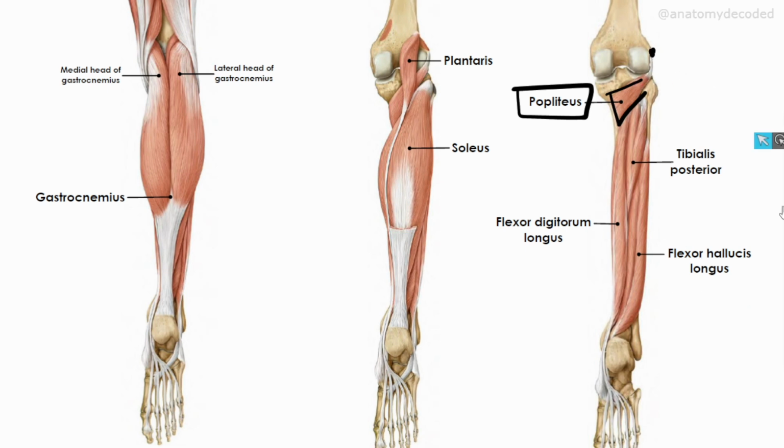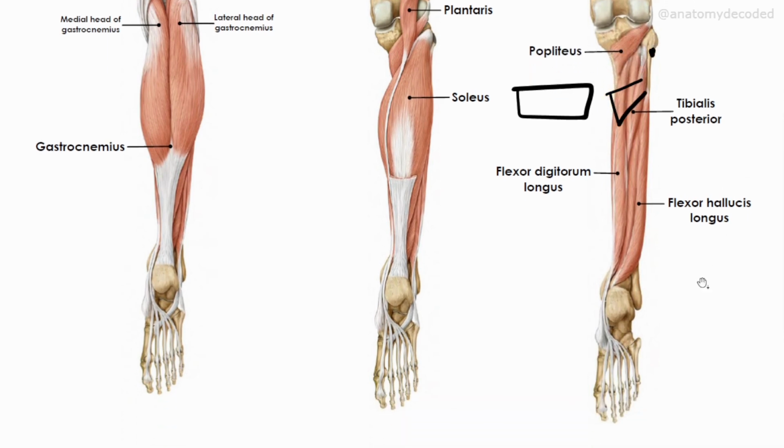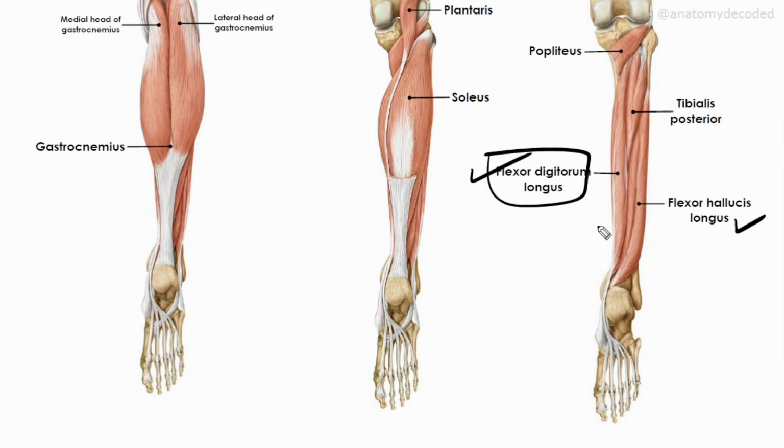Look at these muscles, the flexor digitorum longus and flexor hallucis longus. Flexor digitorum longus arises from the tibia. The medial bone is tibia, and the tendon will actually go to the lateral 4 toes. And the flexor hallucis longus muscle arises from the fibula, and in its course it will cross and go medially.